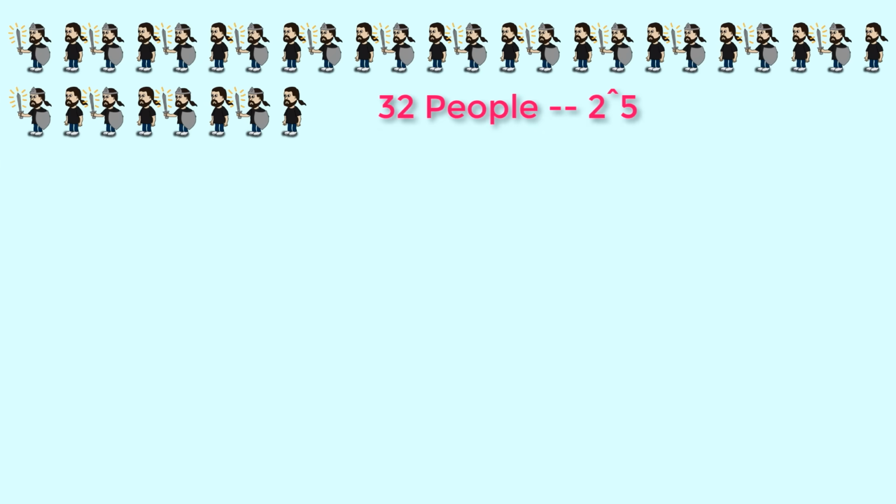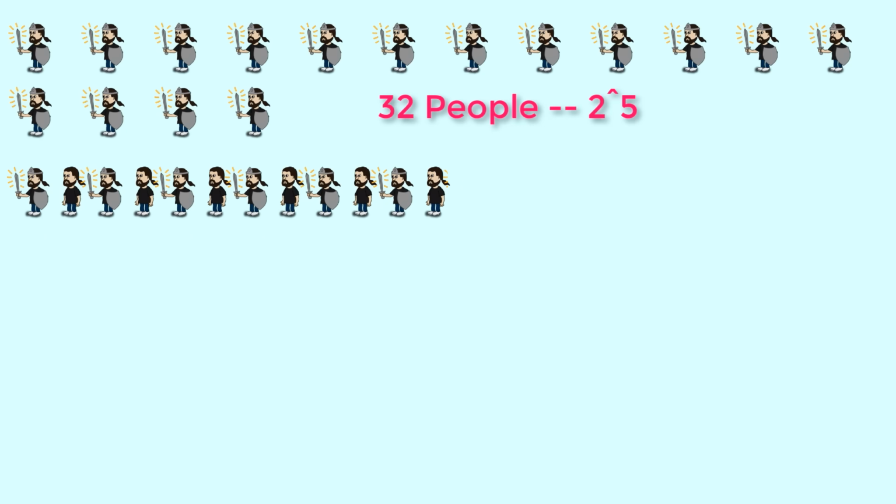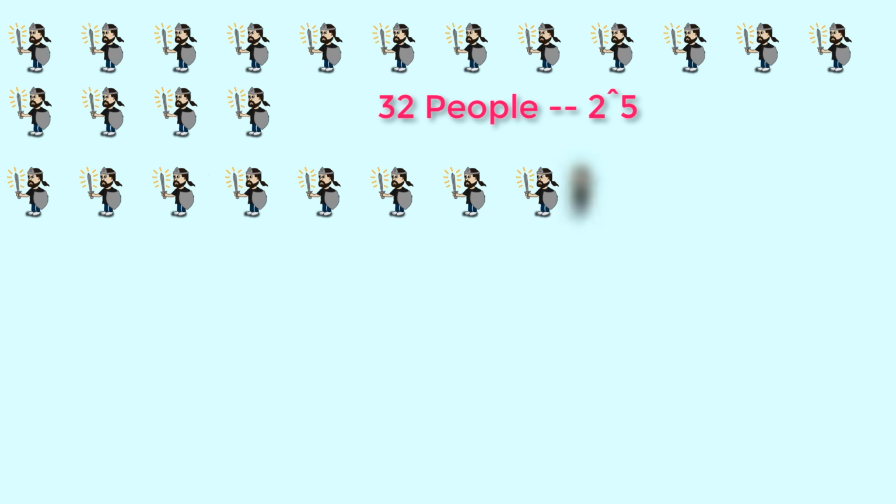For example, if there are 32 people, in the first round, 16 people die and the remaining people will be 16. In the second round, out of 16 people, 8 die and the remaining will be 8. In the third round, out of 8 people, 4 die and the remaining will be 4.